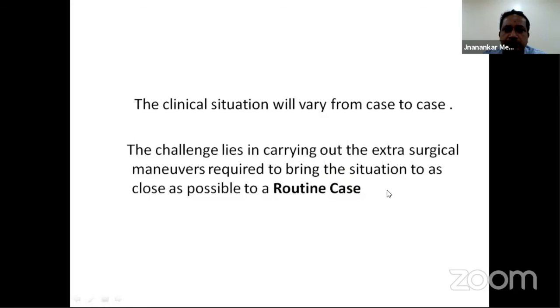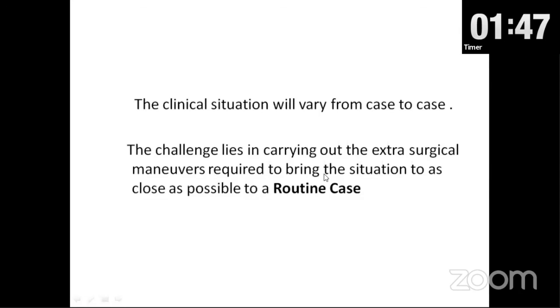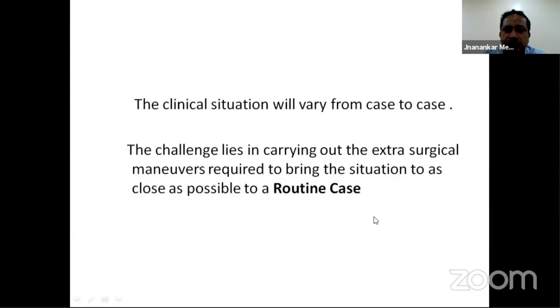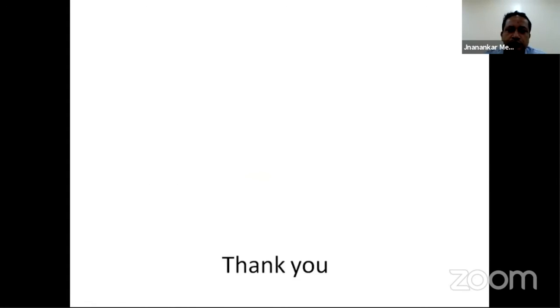So the clinical situation may vary from case to case. What I believe is that in all these challenging cases, the challenge lies in carrying out the extra surgical maneuvers, which is to bring the situation as close as possible to a routine case so that you can do your DSAEK comfortably. Thank you so much for your time.